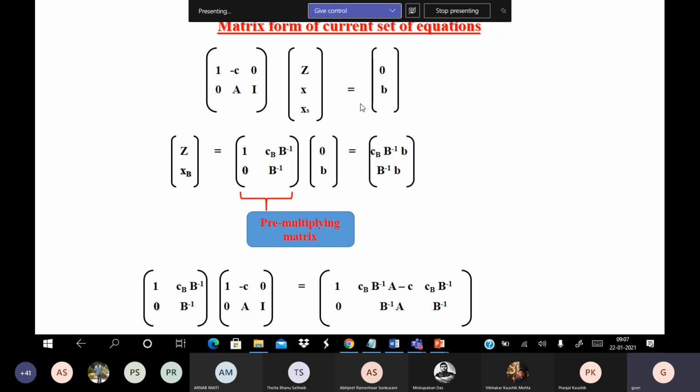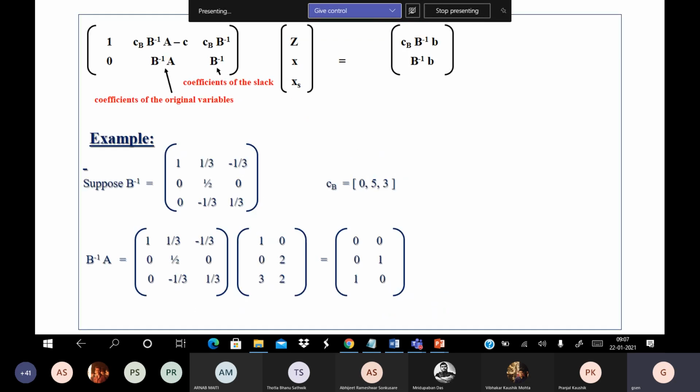So all these are given. This is small b, c, and capital A. These three quantities are given, right? They are fixed.